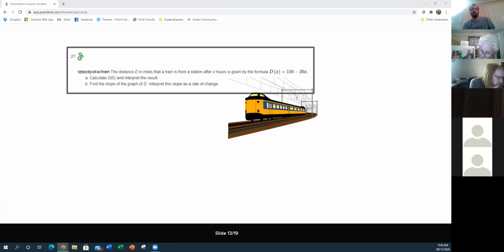So this is where it starts. That's how far it is at first. Then, and you'll forgive my art, it's getting closer and closer, right? So what's happening to the distance is it's decreasing. As the train moves forward, the distance to the station gets less and less.